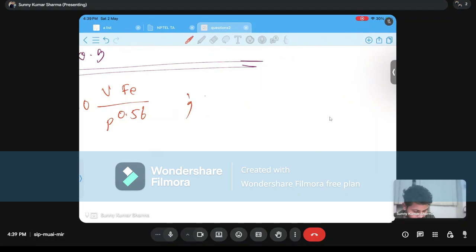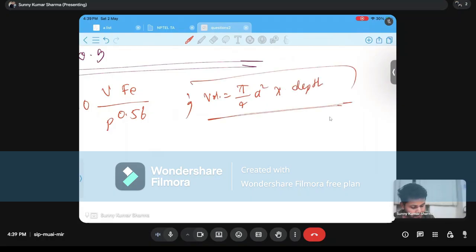The volume of the tank, you can calculate as pi by 4 d square into depth. This will be the best way to calculate the volume, I think.